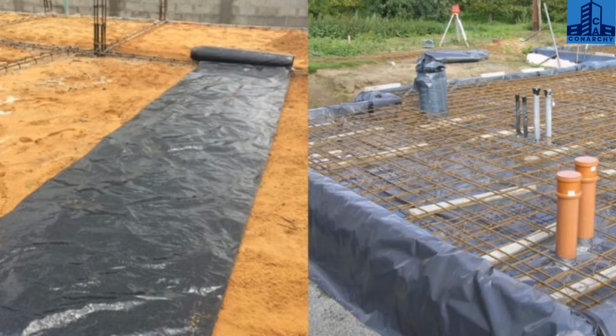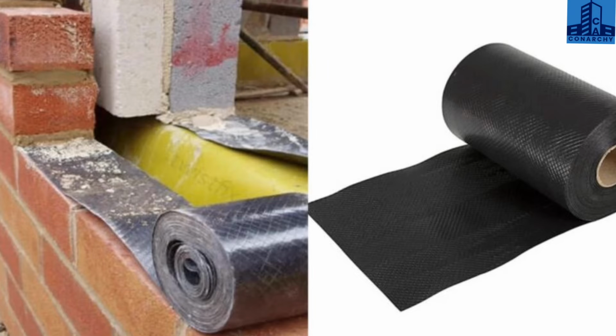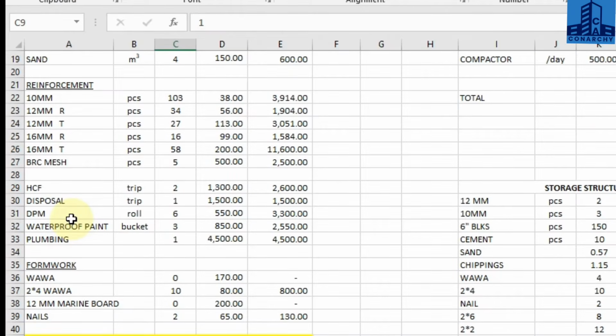So this DPM is to prevent any water ingress or water rise from the foundation into the superstructure. Some also use the DPC under the blocks before laying the superstructure blocks. They just place the DPC before laying the blocks. This is also a perfect way of preventing rising dampness if maybe the area is waterlogged.